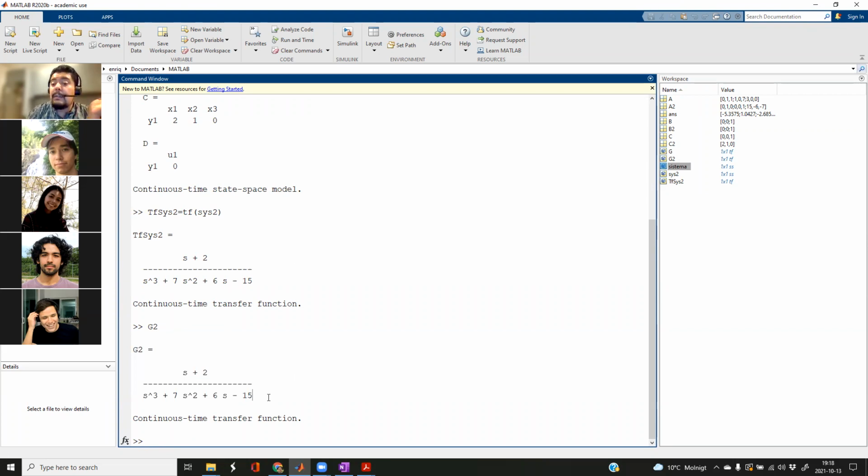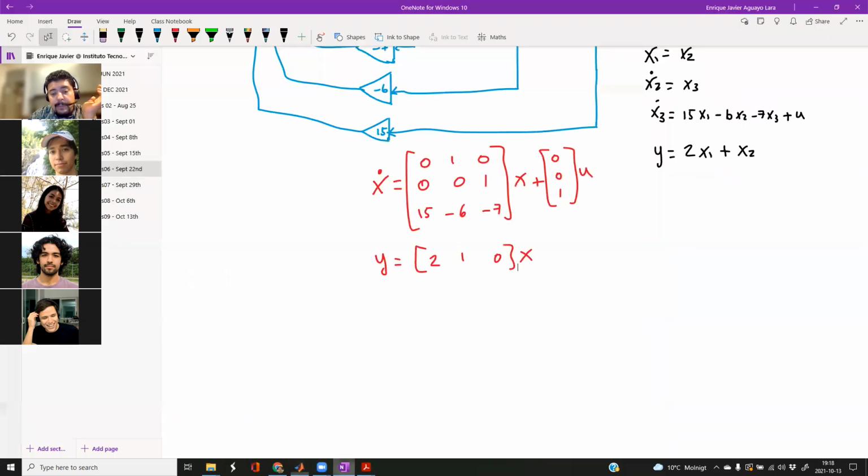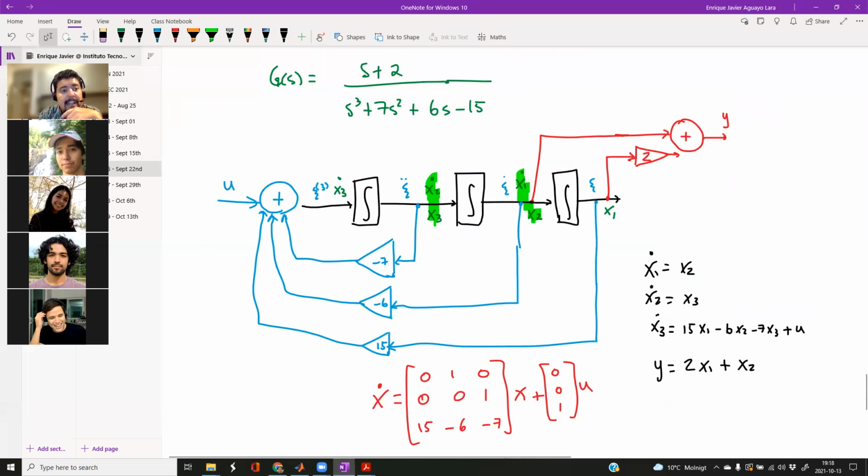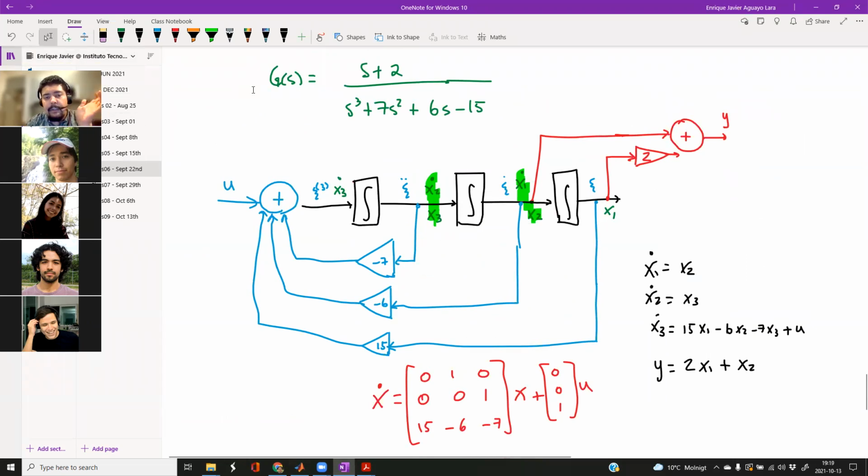So it's very easy to obtain a state space representation from a transfer function, just by using this specific variable assignation, okay? Which becomes really helpful when we start designing controllers, which we will see in the next class, okay?